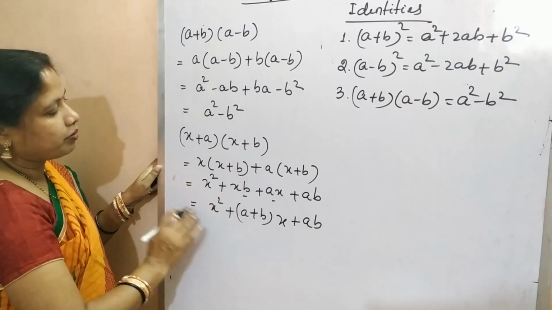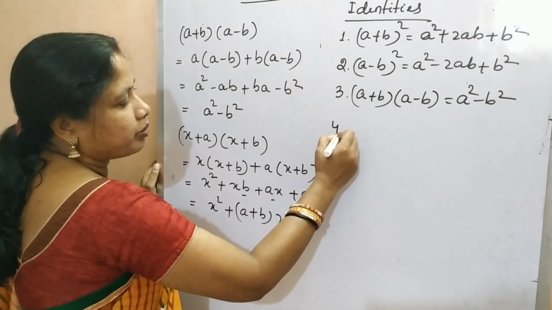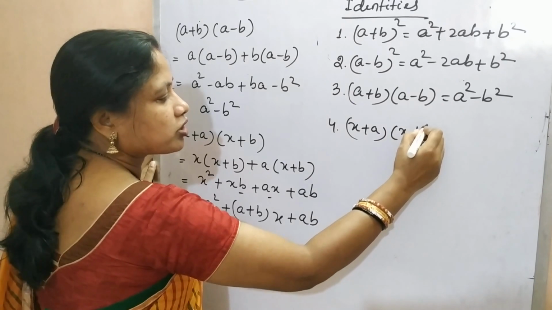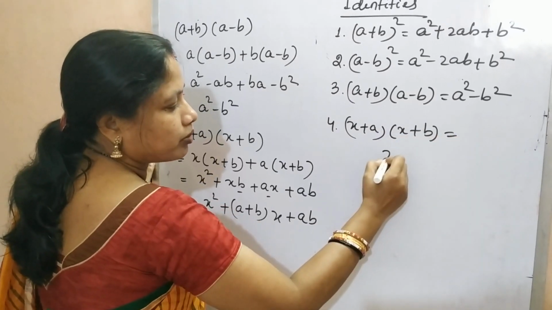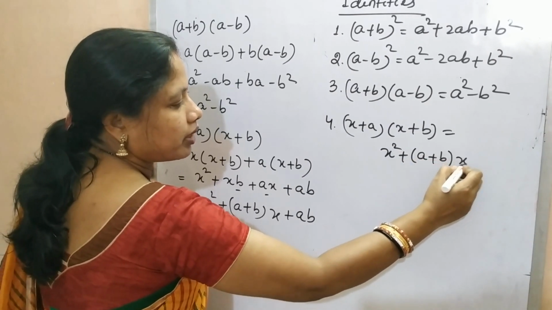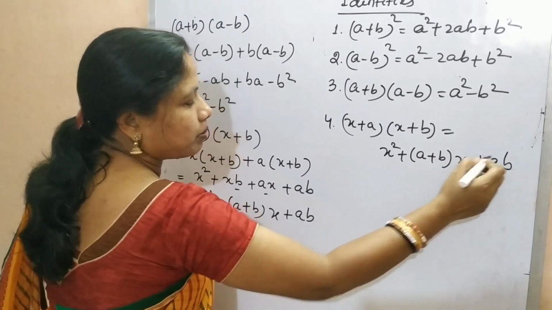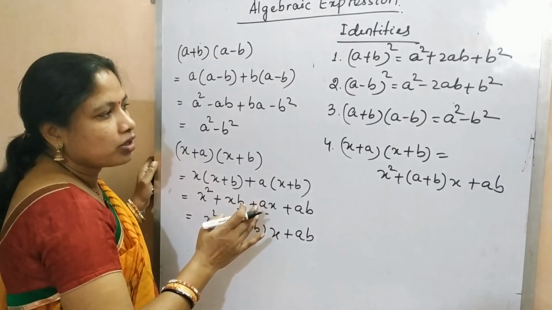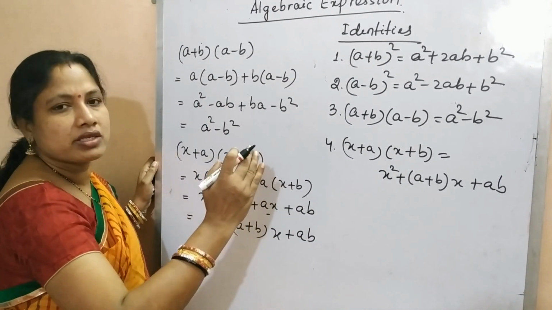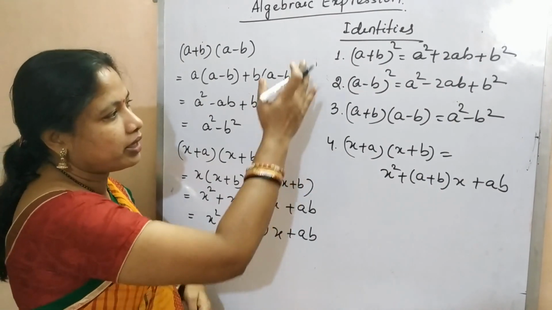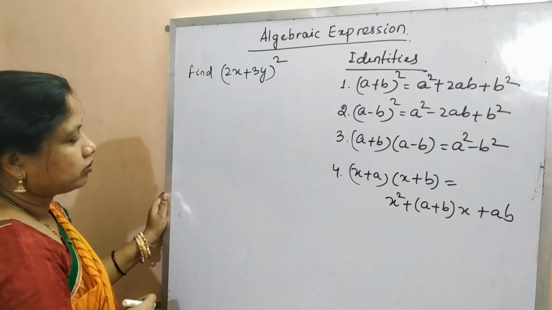So this is our fourth identity. That means (x + a) into (x + b) is equal to x square plus (a + b) into x plus ab. So these four identities you have to remember so that you can apply them in solving other problems. So let us solve some examples by using the identities.